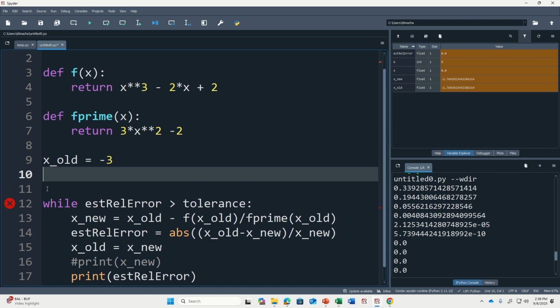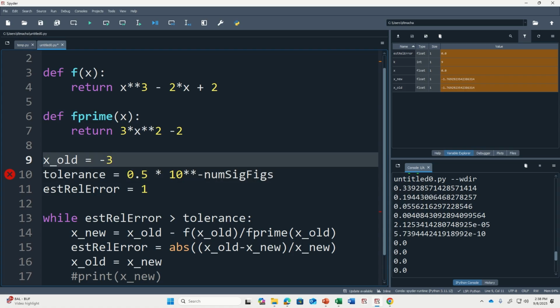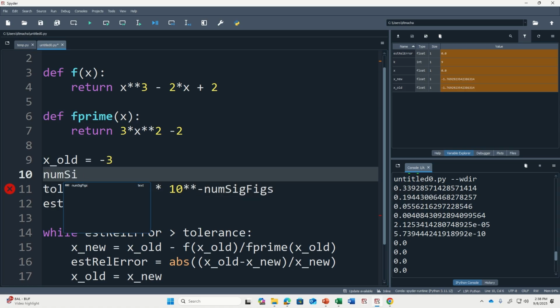And that means I need to define my estimated relative error to be something. I need to define my tolerance to be something like 0.5 times 10 raised to the power negative number of significant figures. My number of significant figures that I want is going to be 6.